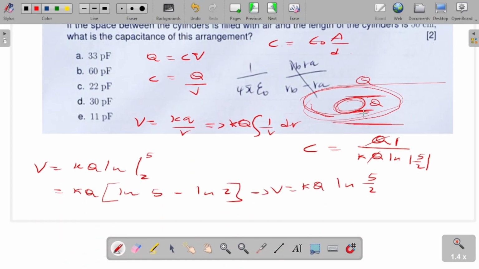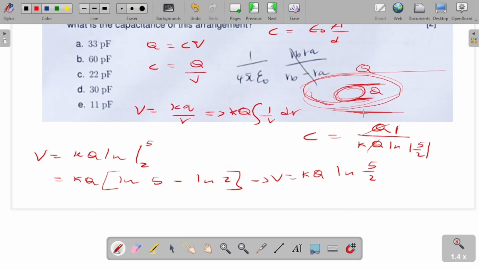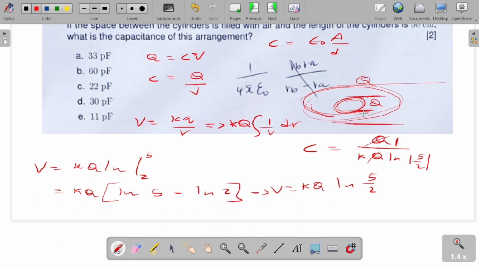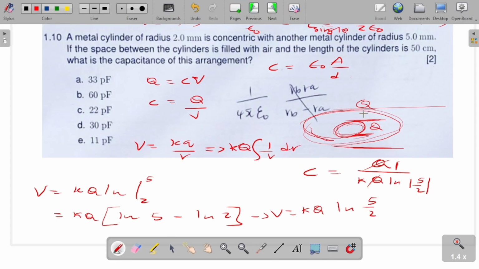What do you get, guys, when you calculate this? I'm just curious. You're supposed to get a value close to 30.